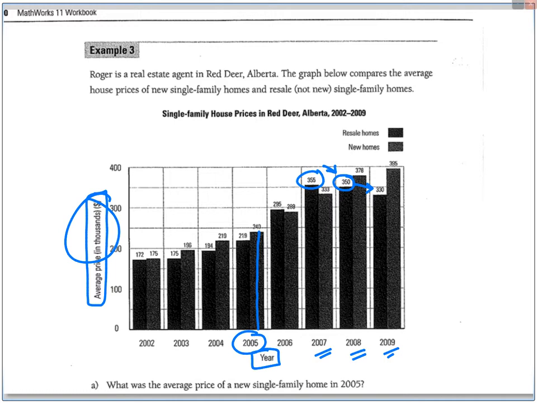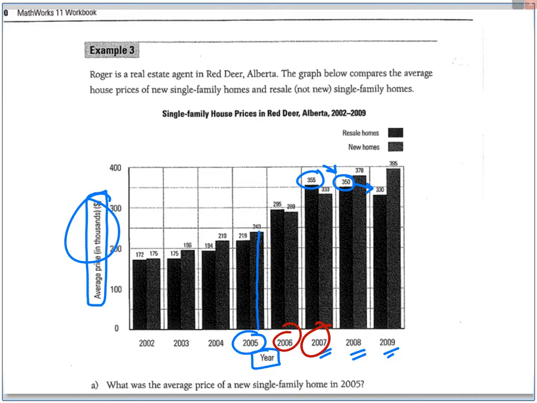Which years did that not happen? 2006 and 2007. So 6 years it happened, 2 years it didn't happen. So I guess there is leaning towards one of the sets of data, okay? And that's part C.